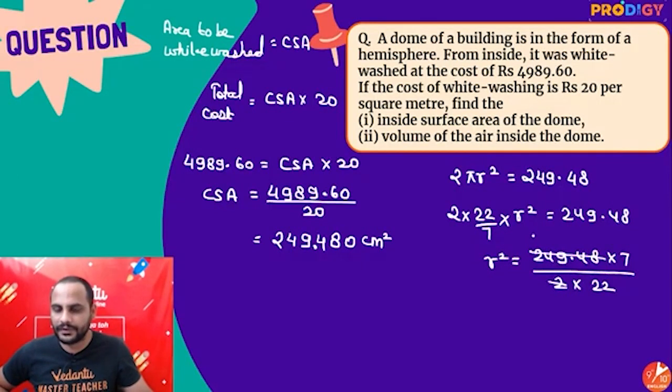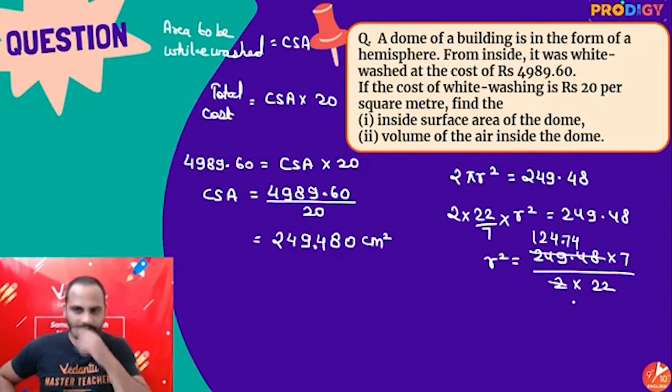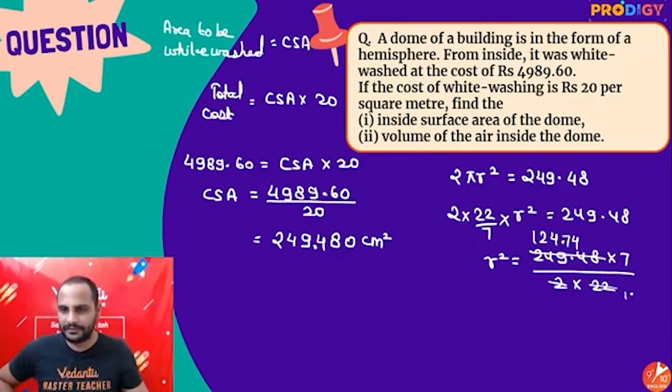Cancel it. 2 1s are 2, 2 2s are 4, 2 4s are 8, and so we get 124.74. And if we divide by 2 one more time, we get 62.37.